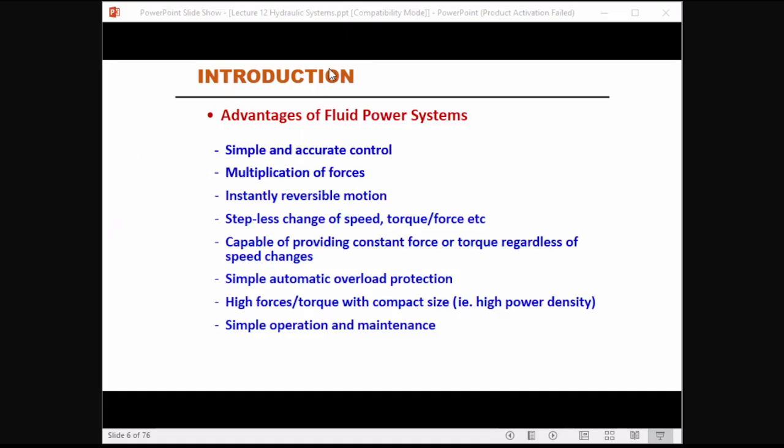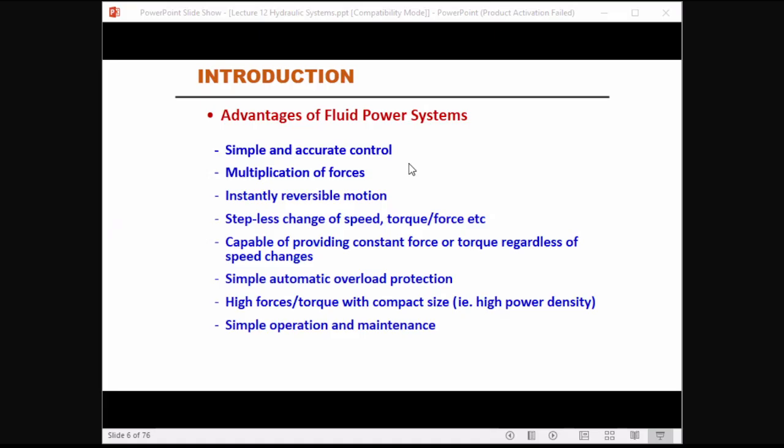Then under this part, you can identify simple and accurate control. Okay, when you use fluid to operate machineries and other equipments, then it is very simple to control and very accurate. Then you can apply actual force using these machines and this fluid.